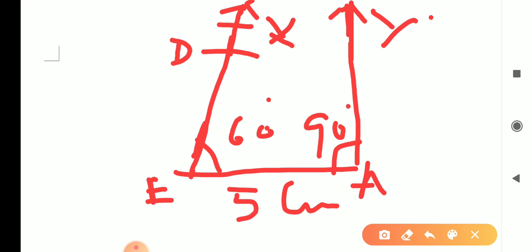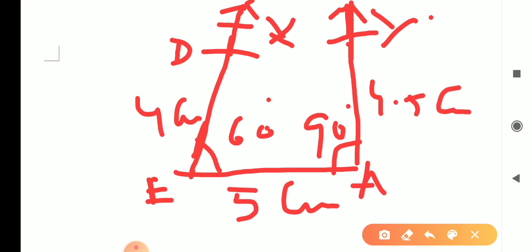Now cut the line segment of length 4.5 centimeter, that is AR, taking A as center. This is the point R. Join D to R. This is the required quadrilateral.